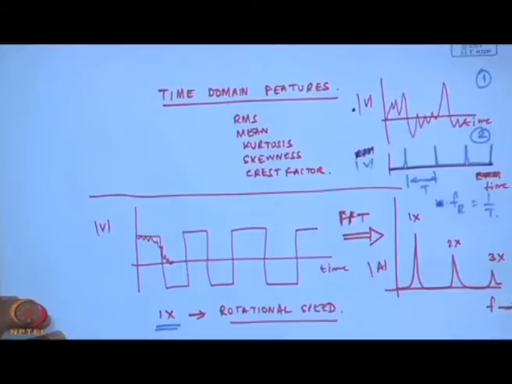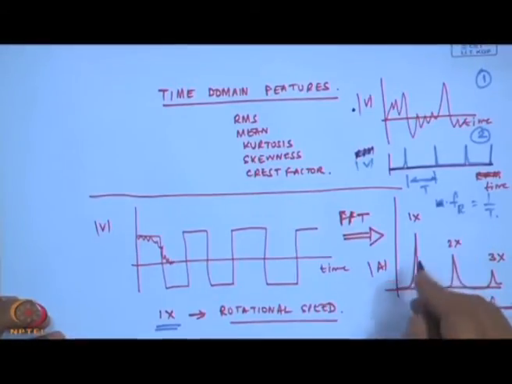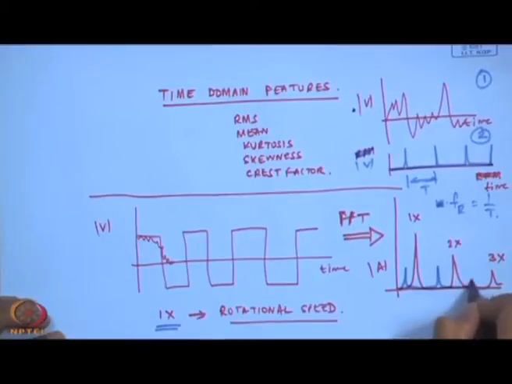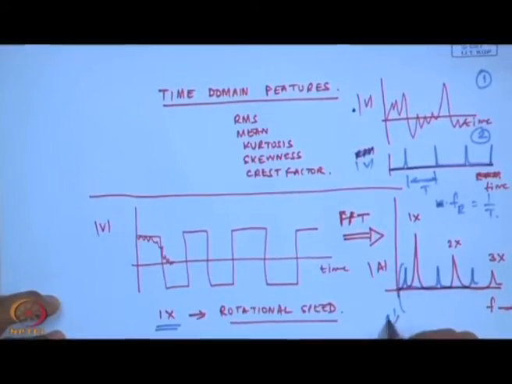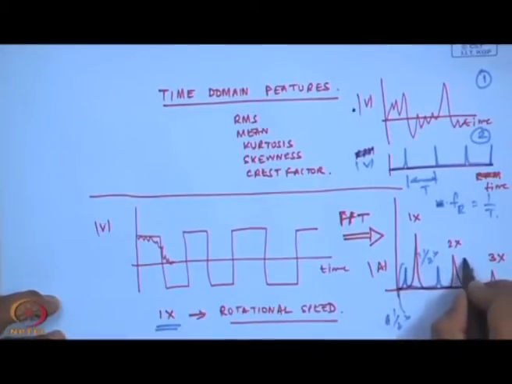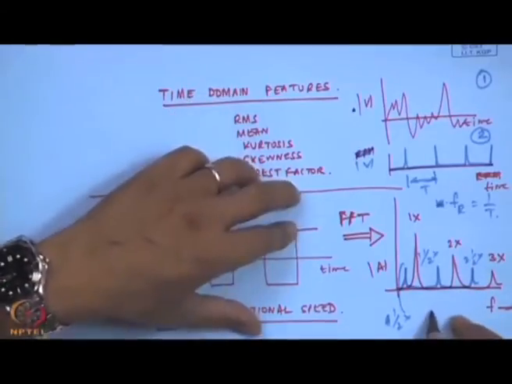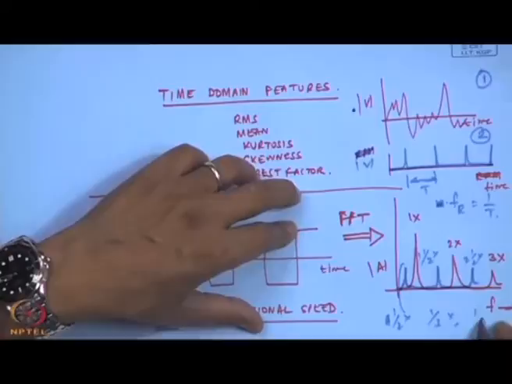But the characteristics of such signals in the frequency domain is that we will get harmonics through a lot of fractional harmonics, maybe 1 half x, 1 and half x, 2 and half x and so on, and maybe even fractional 1/3 x, 1/6 x and so on.